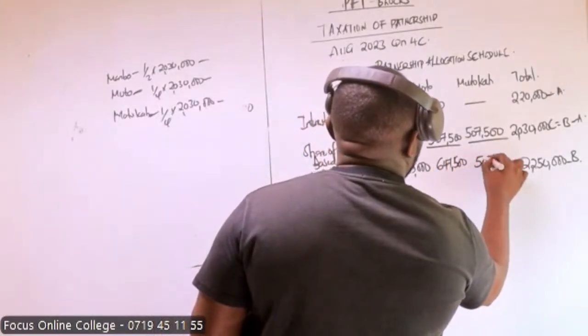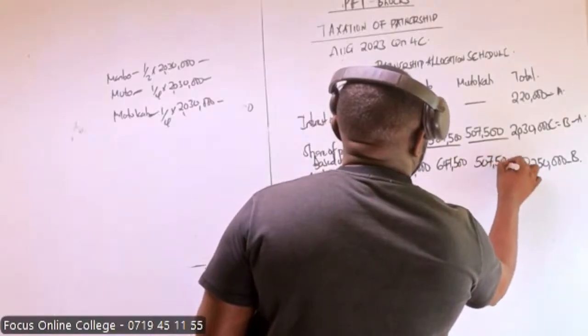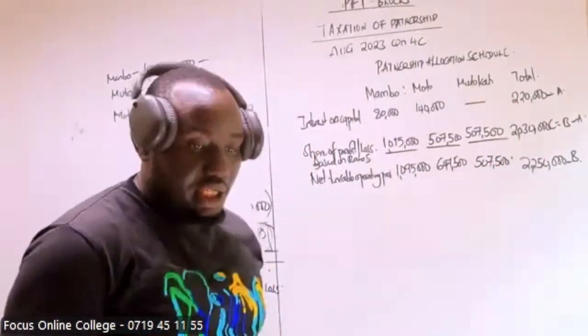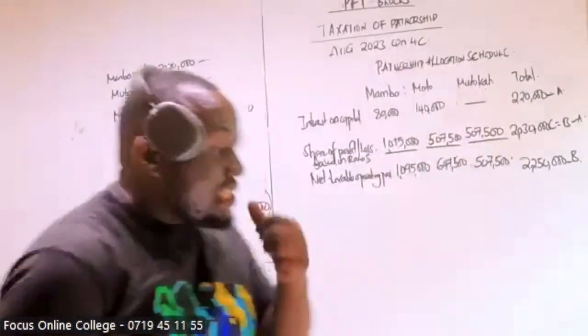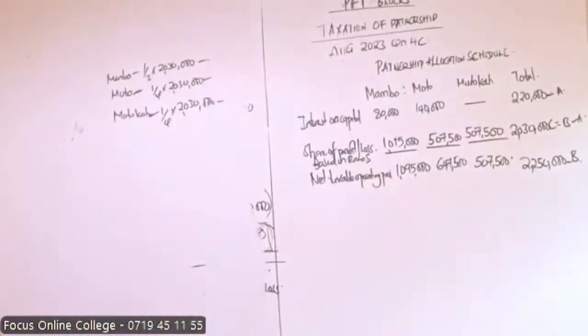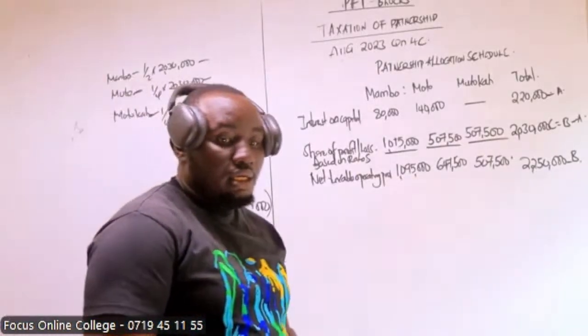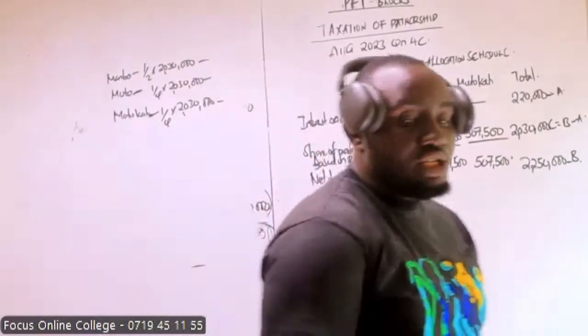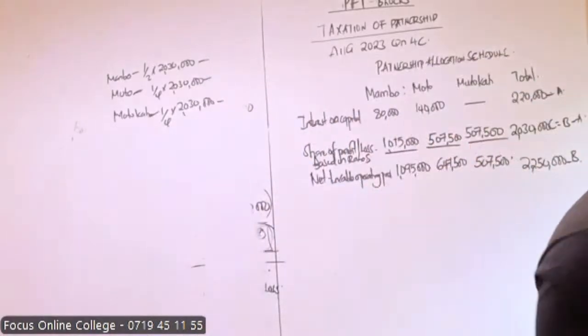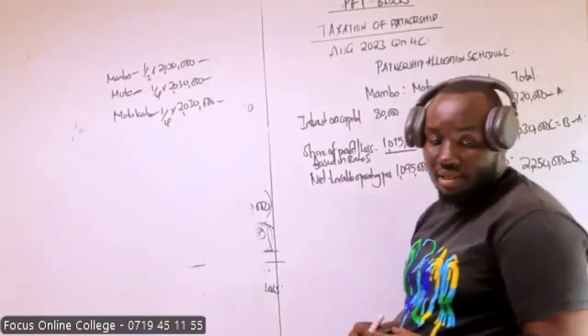Then we have 507,500. Are the figures correct? Kindly confirm if the figures are correct. Give me one yes if those figures are correct.